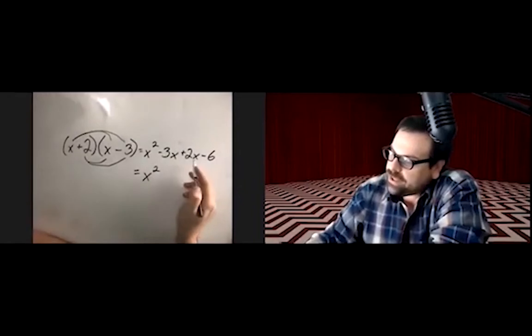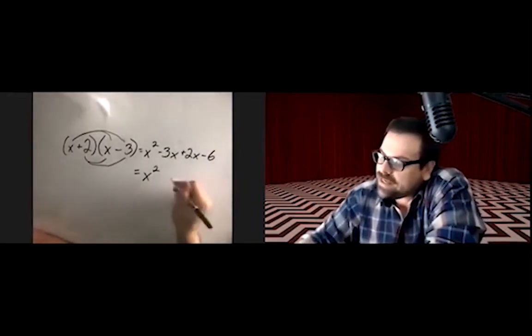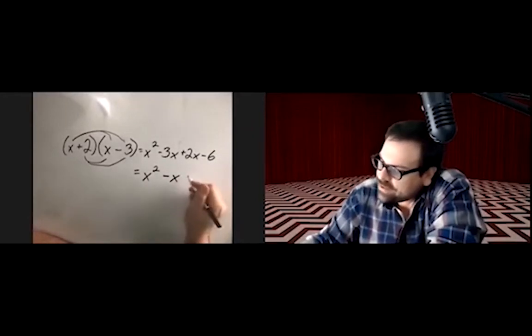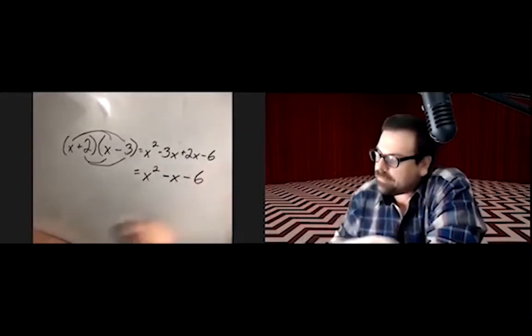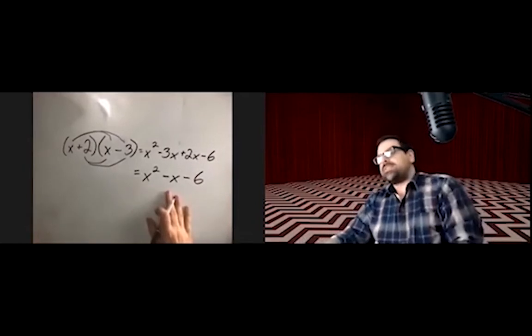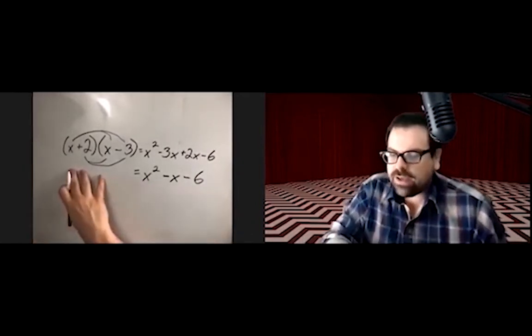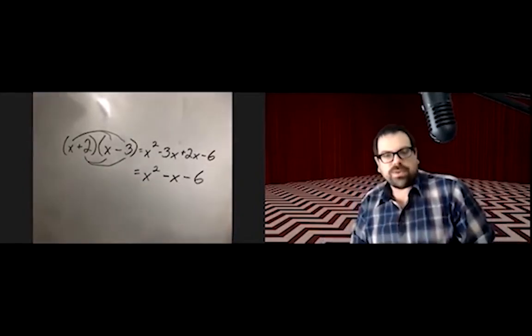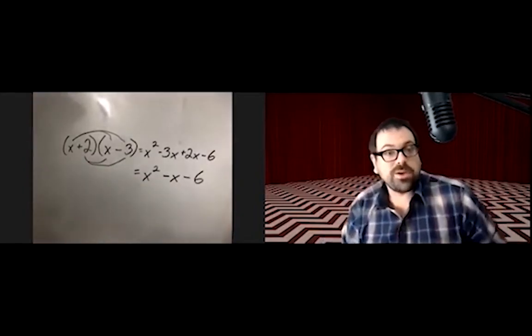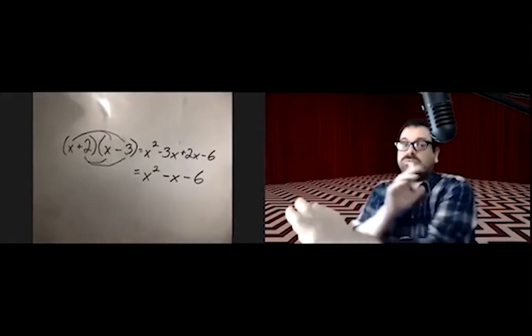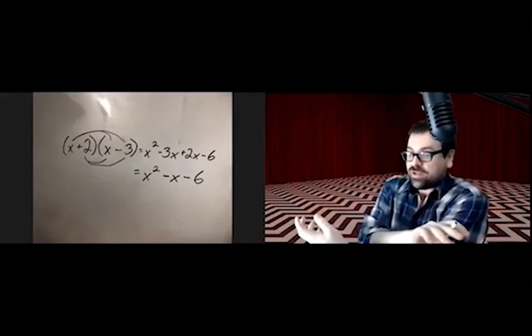Negative 3x plus 2x would be negative 1x. We just write that as negative x minus 6. So x squared minus x minus 6 is what we get when we multiply x plus 2 times x minus 3. So factoring is the reverse of multiplication.